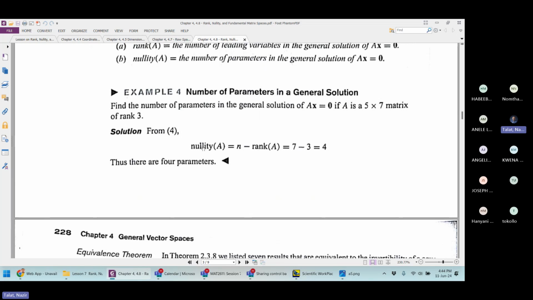The nullity is equal to n minus rank of A, the number of columns, which is 7, minus the rank, which is 3, equal to 4. It means there are 4 parameters, the nullity is 4, so the dimension of the solution space of the homogeneous system is 4.